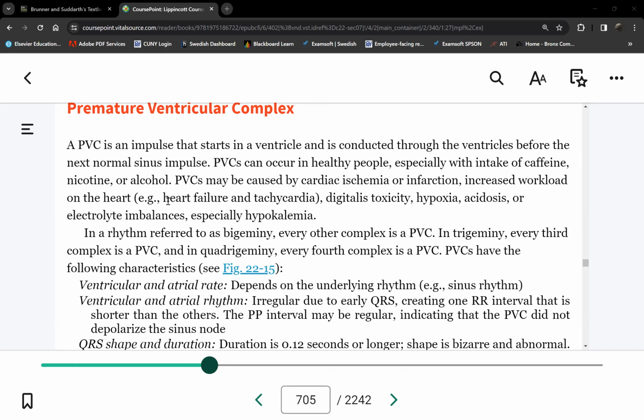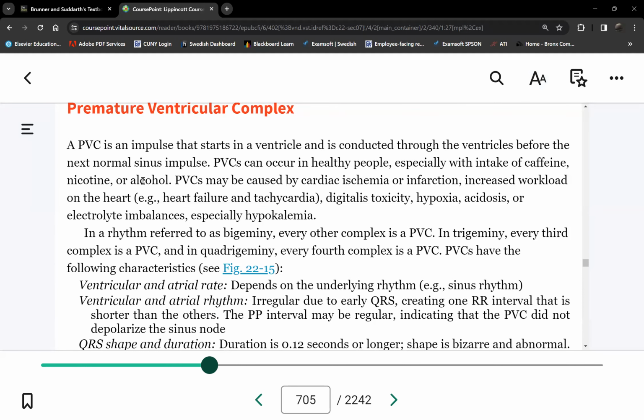So if a patient has heart failure or tachycardia, then PVCs serve as a warning that a more serious dysrhythmia is about to come, especially if the patient is currently having a heart attack. So for instance, you work in telemetry, your patient is currently admitted for acute coronary syndromes, meaning they have symptoms of a heart attack.